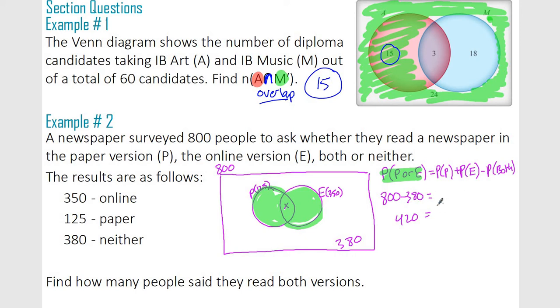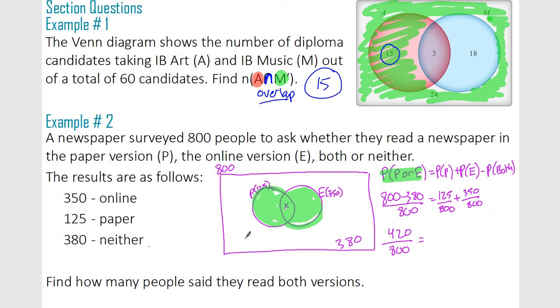Okay, now I'm sorry, this is probability. We should be doing fractions. These are not exact numbers. So this is out of 800. So we know this is 420 out of 800. Now the right-hand side, probability of paper is 125 people over 800. Probability of online is 350 out of 800.